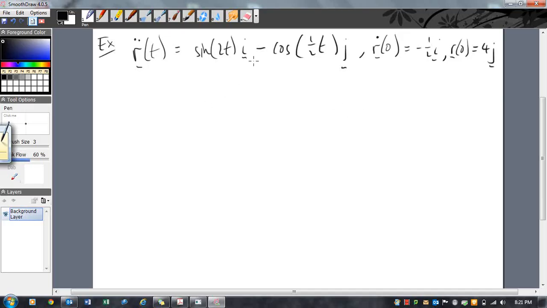Okay, so let's do this question. You might be wondering, why have we been given initial conditions? And you'll soon find out, and you probably guessed why anyway, because what happens when you integrate? You get constants, and so we're going to need to do that.